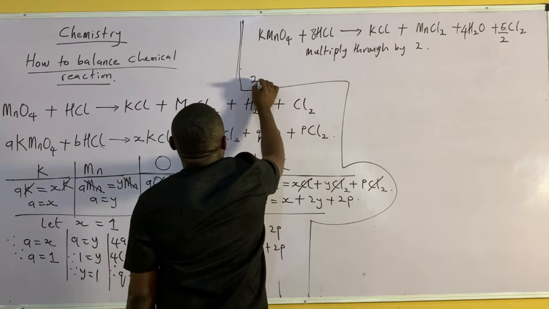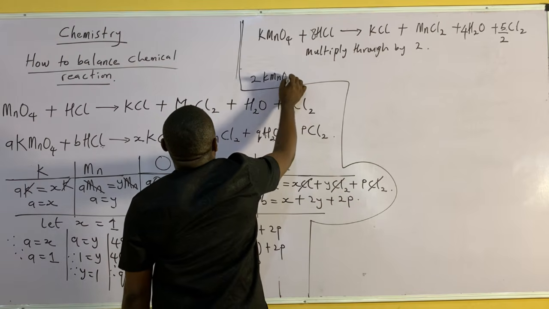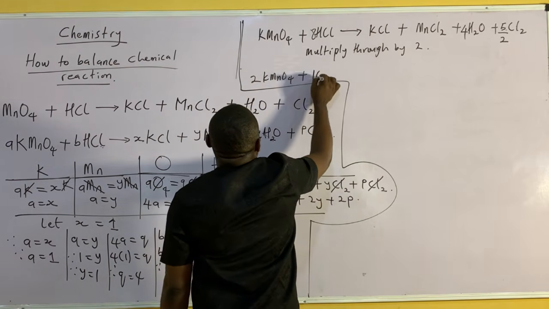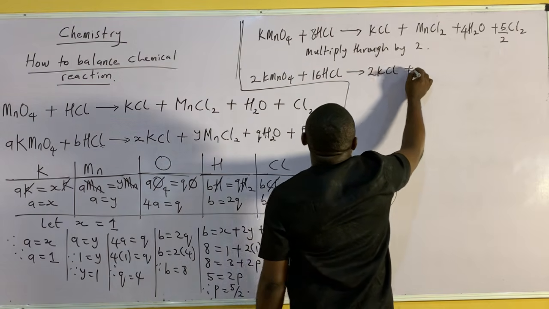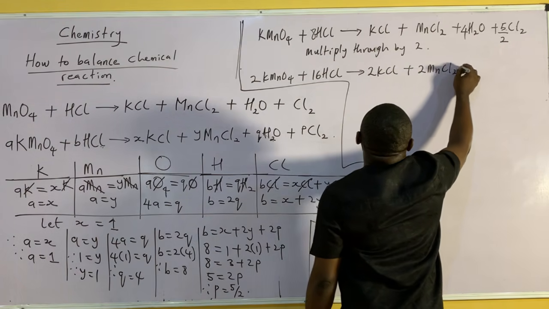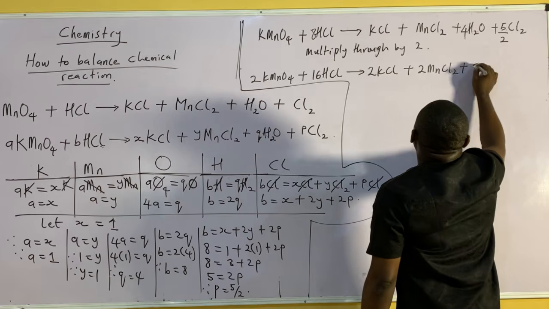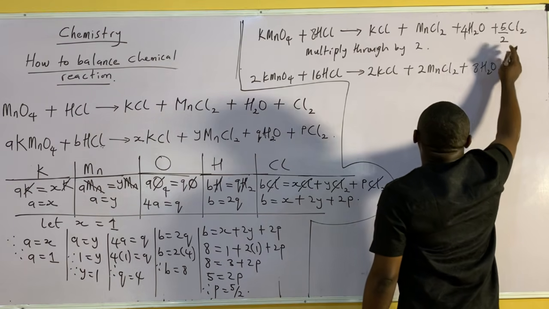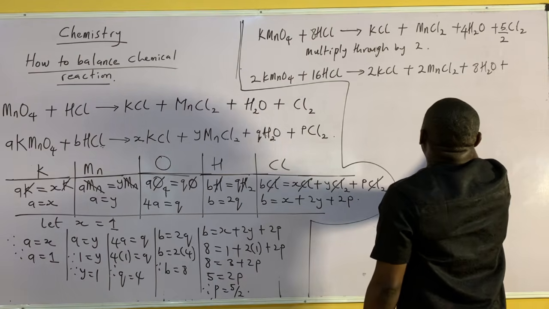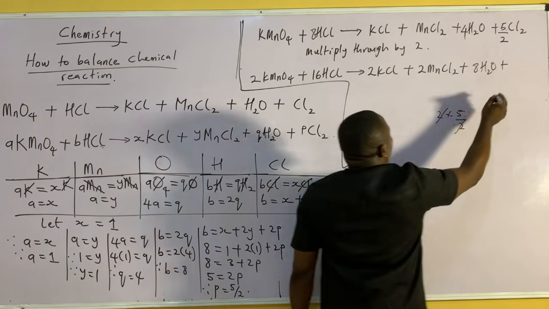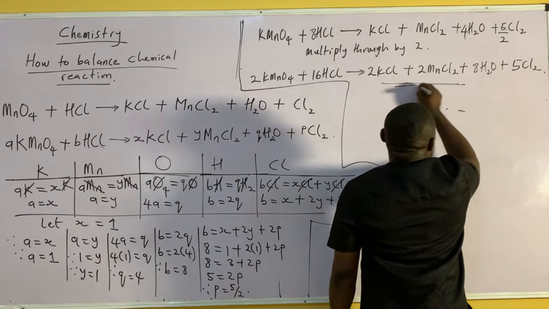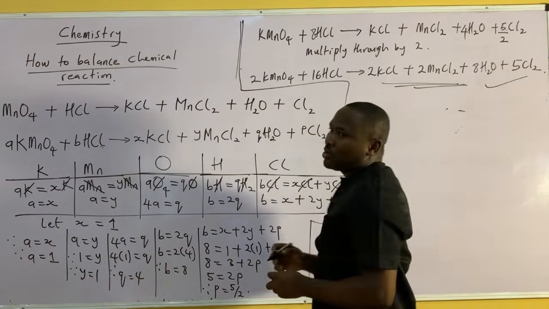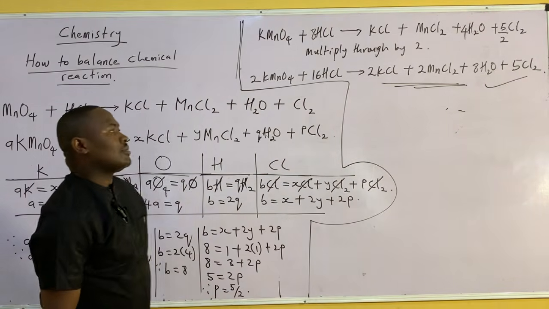It will now become 2KMnO4 plus 2 times 8, 16HCl to give us 2KCl plus 2MnCl2 plus 2 times 4, 8H2O plus 2 times 5 over 2 will be 5, plus 5Cl2. This is the balanced equation. So this equation is balanced using this method. Thank you.